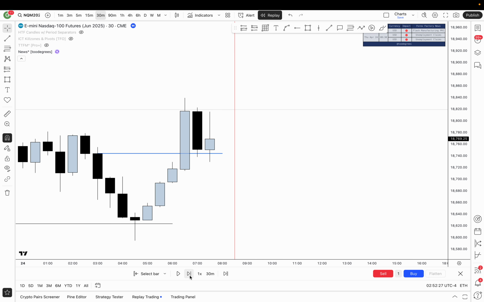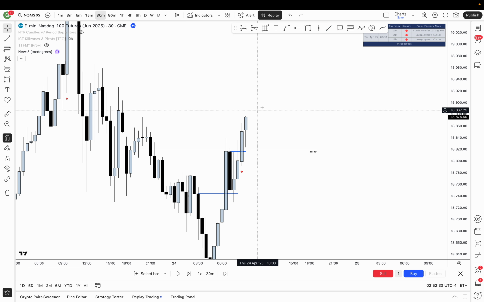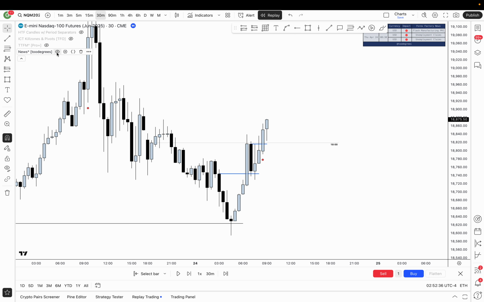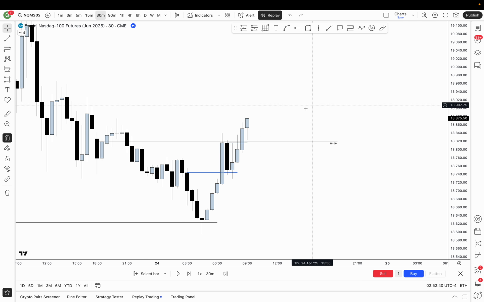It should expand away from it. So when it expands away, what is that validating for us? It's validating narrative, right? So at this point, we're just in continuation.